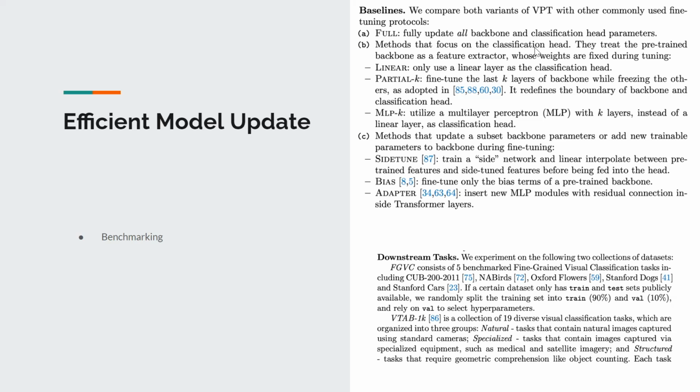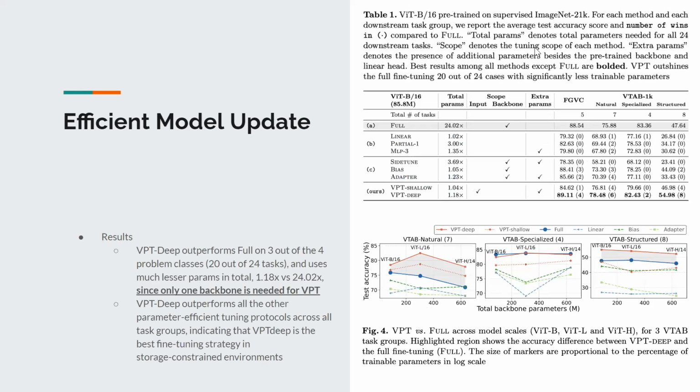The downstream tasks are FGVC and VTAB. This is about 24 tasks in total. So those are the downstream tasks. Here are the results. Very strong results. VPT-deep actually beats full fine-tuning on average, which is a very, very big result for us, especially in our setting, as I explained.